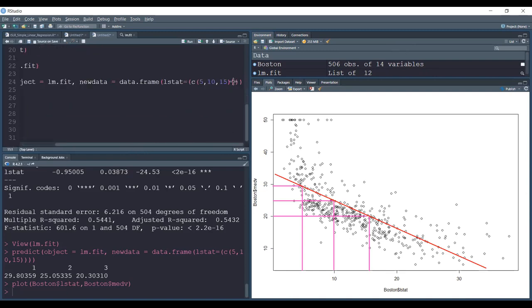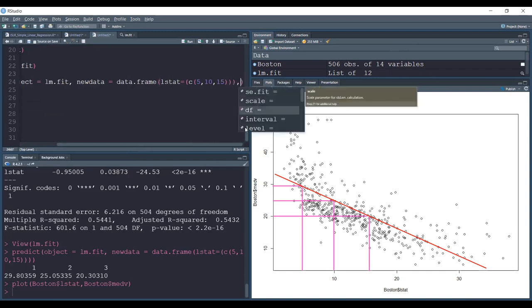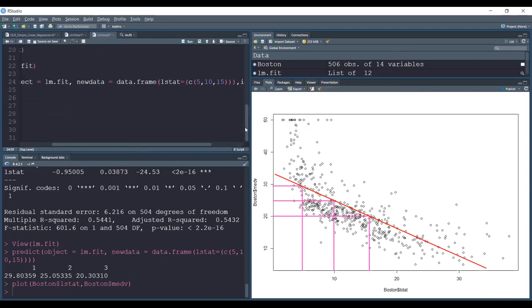Apparently, if I just look at the book, predict, and then it asks for interval, and we shall type, let's start with confidence.